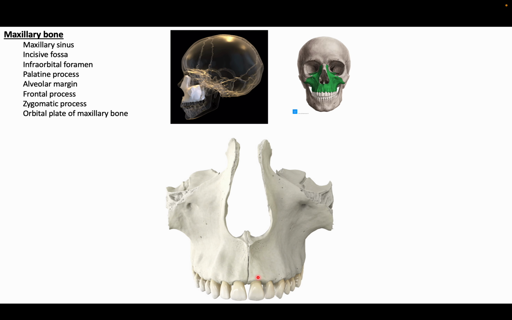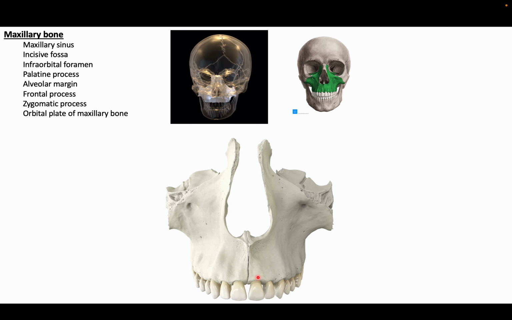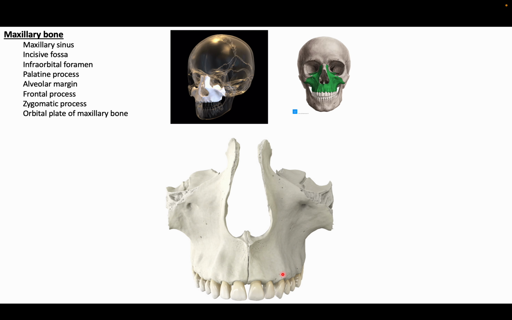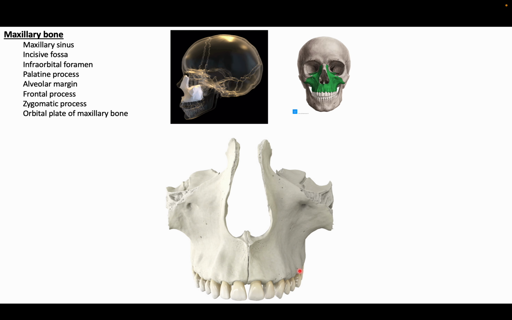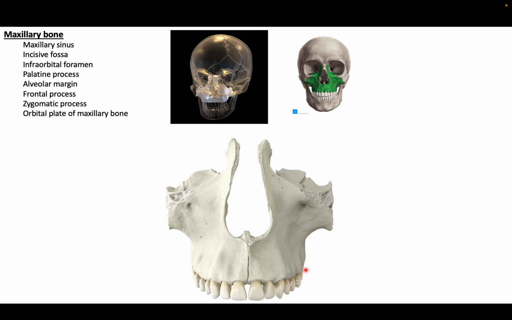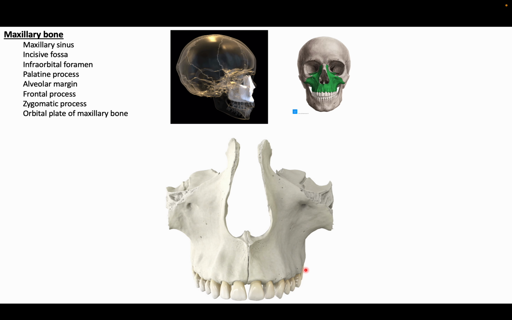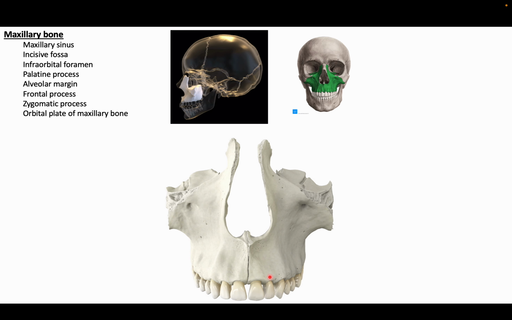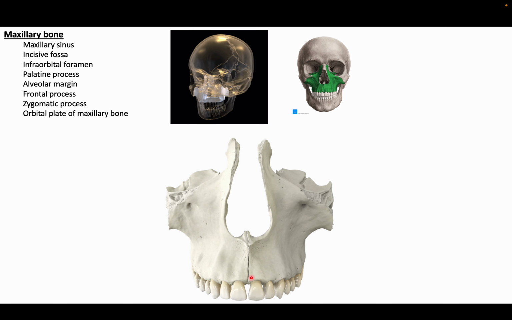So you'll hear the words alveolar margin and alveolar process used interchangeably, but essentially there's a minor difference. The alveolar margin is the rim of the bone that's closest to the crown of your teeth, and the process is going to be a thicker ridge where your tooth comes out of. So right here is the alveolar margin.